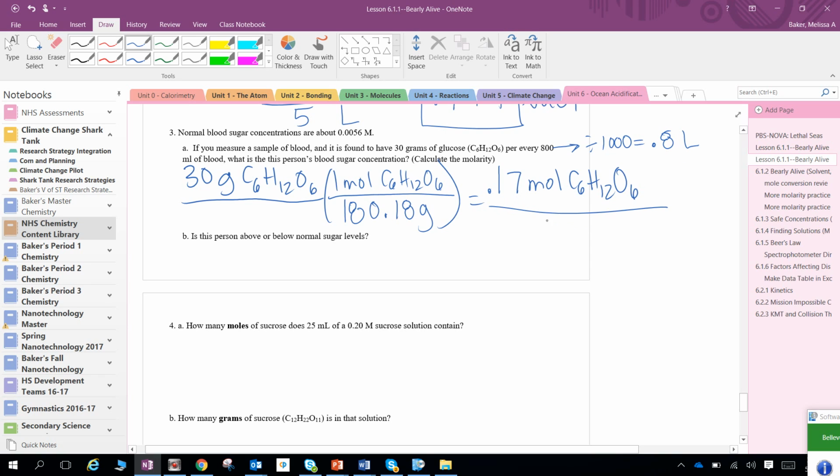Now I can do the math. 0.17 moles divided by 0.8 liters, that comes out to be 0.21 molar. So this is way above the normal sugar levels. I hope that's not an actual human sample.